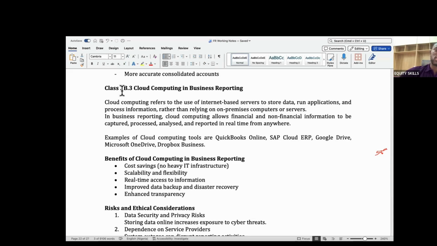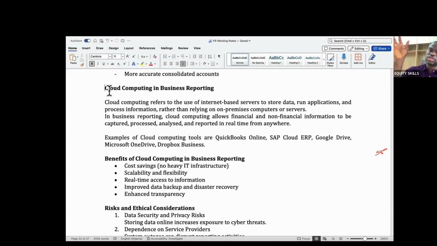Aside from distributed ledger, there is cloud computing. Indirectly, we have mentioned cloud computing, right? Most of these accounting software I mentioned, most of these ERP software, most of these payroll systems we have mentioned earlier on, are now cloud-based. Gone are the days where you have to download the desktop app on your laptop. No, all you need to do is log in, sign up, then you can work.